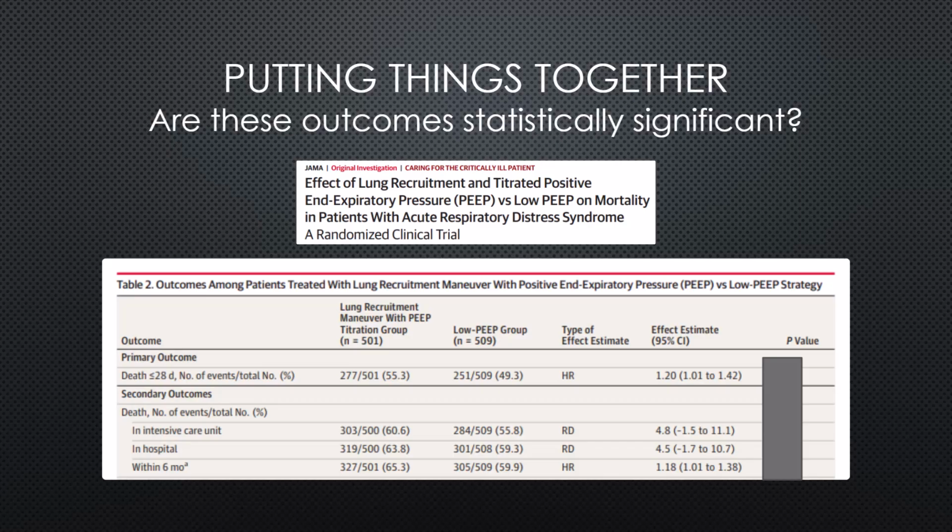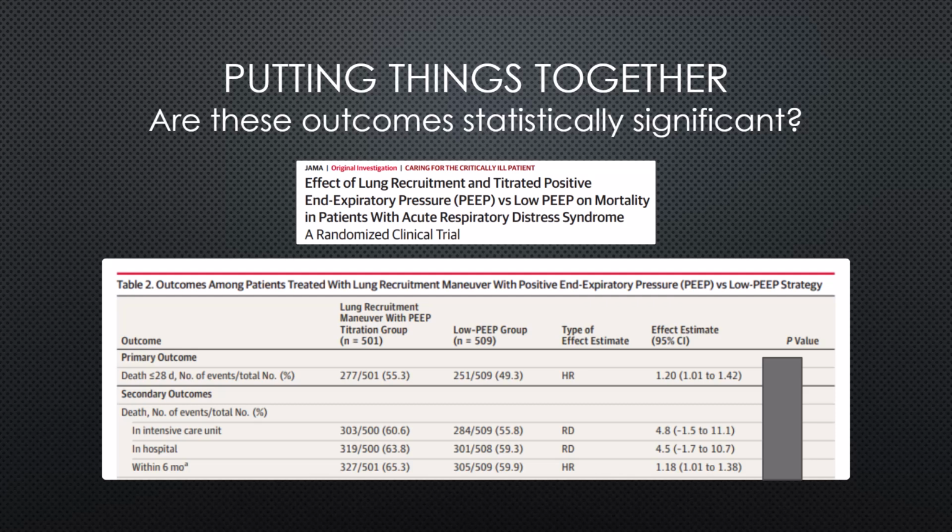So here I'm going to have you put this all together. Are these outcomes statistically significant? Go through each one. Can you figure it out? We don't need to know the p-value. We have a confidence interval. The next thing we need to find is how are these results reported? Because we need to know what the value of no effect is.